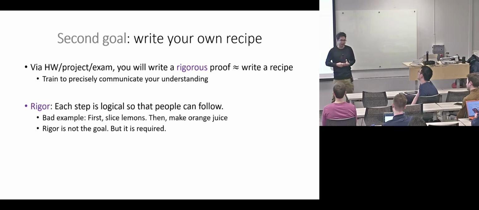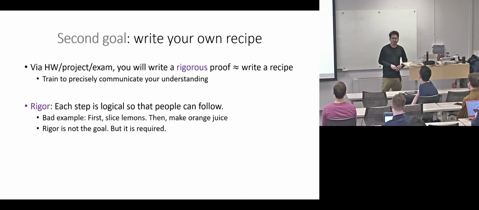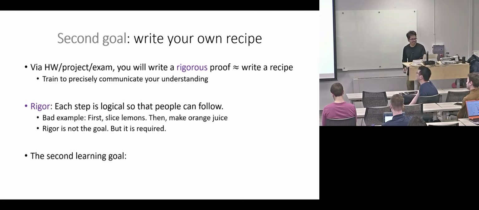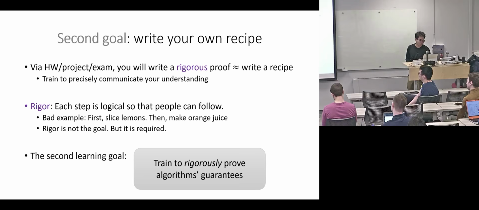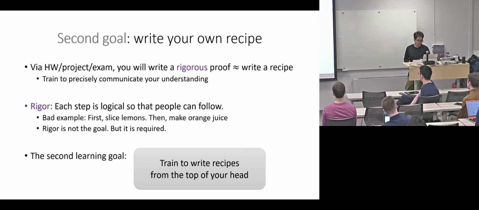So you need to do it. And if there is an error or your proof is not rigorous, then we will deduct your points and you learn how to do it well. So that's the goal: to train you to rigorously prove some algorithm guarantees, or to write the recipe off the top of your head.